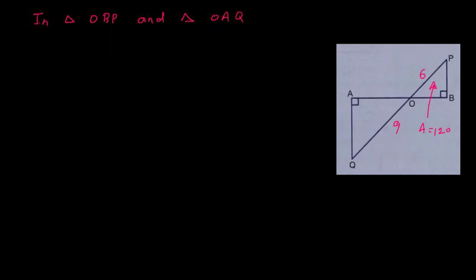Now in these two triangles, if you see, you will find that angle BOP is going to be equal to angle AOQ. What is the reason? Because these two angles are vertically opposite angle. So vertically opposite angles are equal.